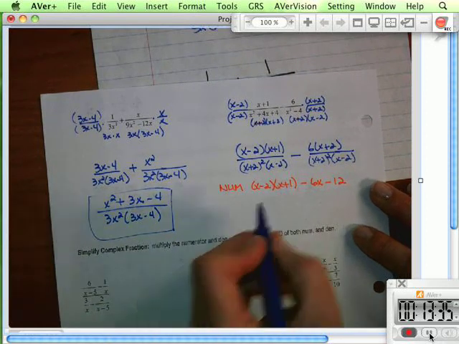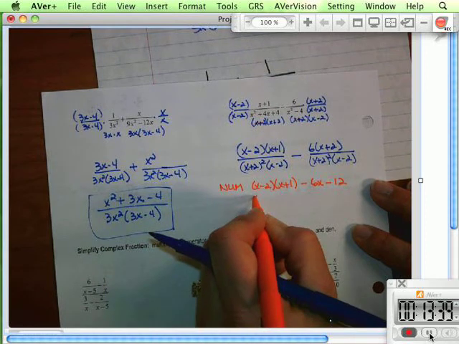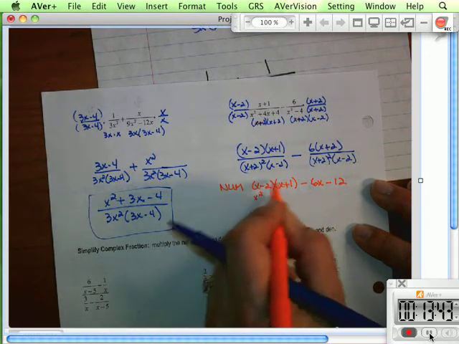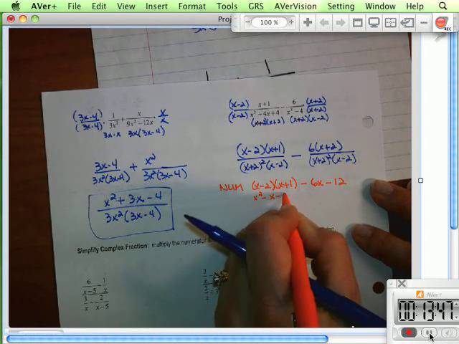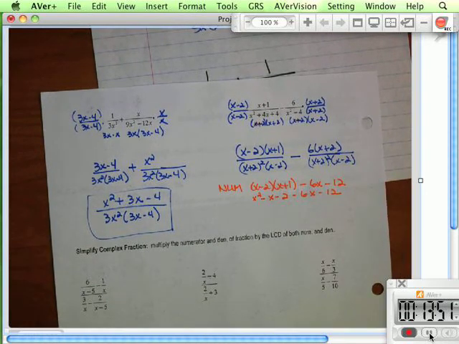And then I can make that numerator prettier by foiling, which is not fun, but we can do it. X squared minus x minus 2 minus 6x minus 12. It's still my numerator. I'm still just working with the numerator. I foiled these two.